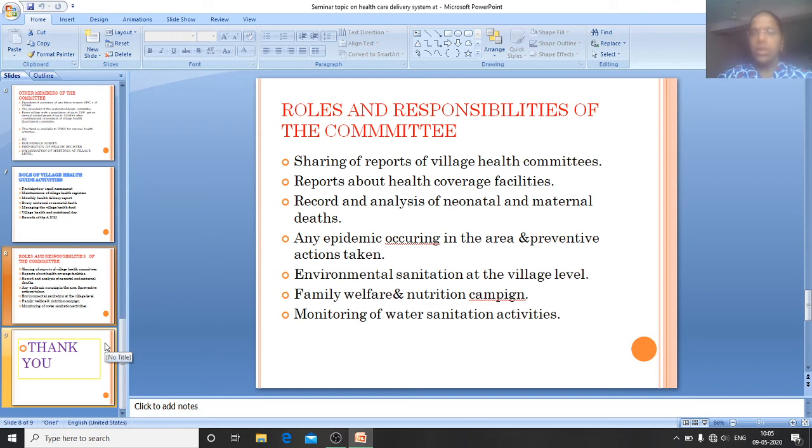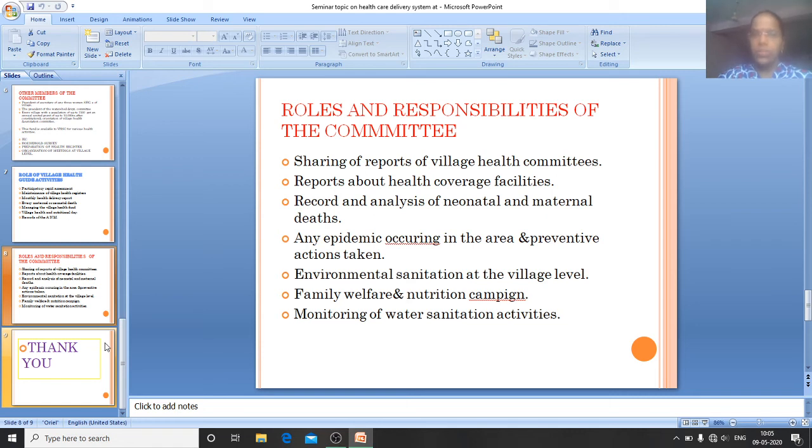Once again I will read the roles and responsibilities of this committee. First is sharing of the reports of village health committees. Next, report keeping, updating records and reports about the health coverage facilities. Record and analysis of neonatal and maternal deaths. Any epidemic occurring in this area and prevention action to be taken.